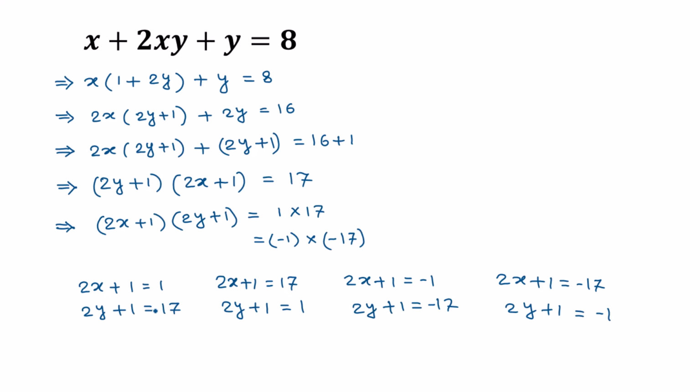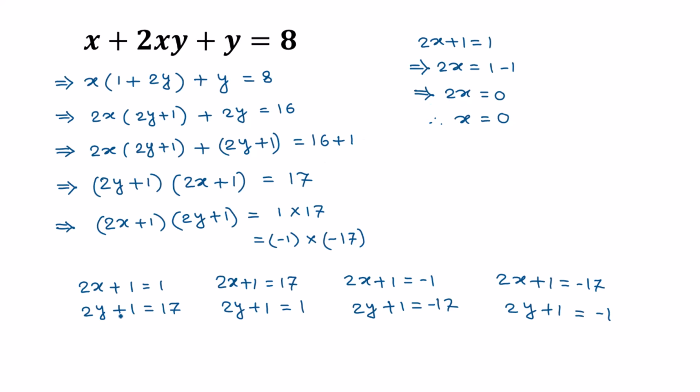Now we have to solve this for each set. For this case, 2x + 1 is equal to 1. Taking this 1 to the right side, we get 2x is equal to 1 minus 1, this is 0. Now dividing both sides by 2, we get the value of x is equal to 0.